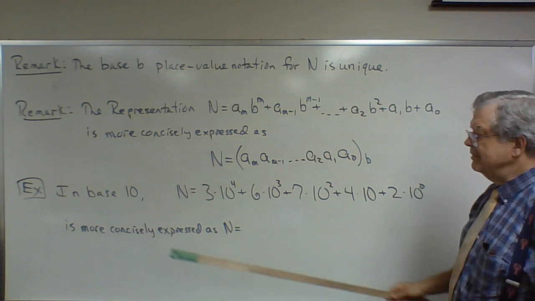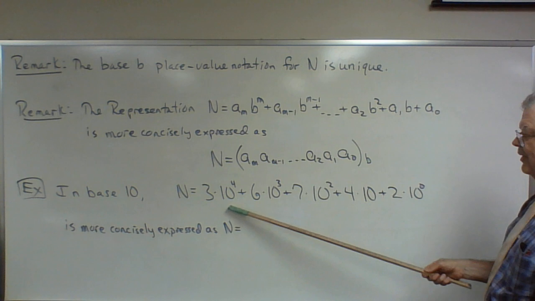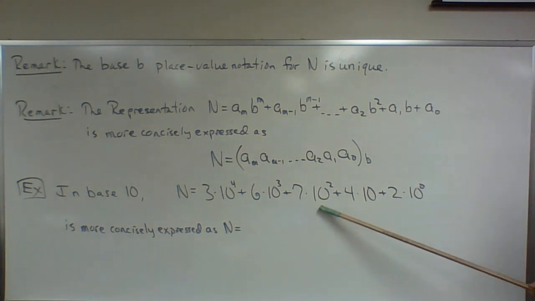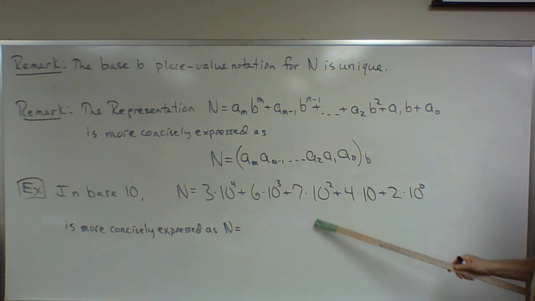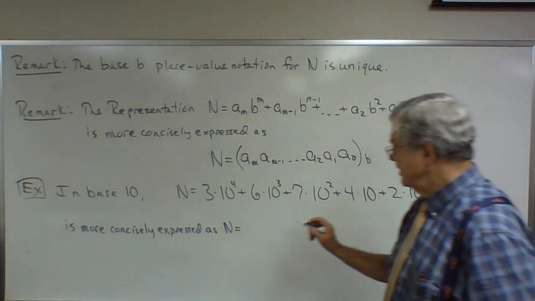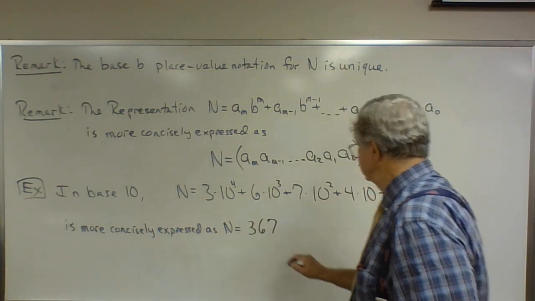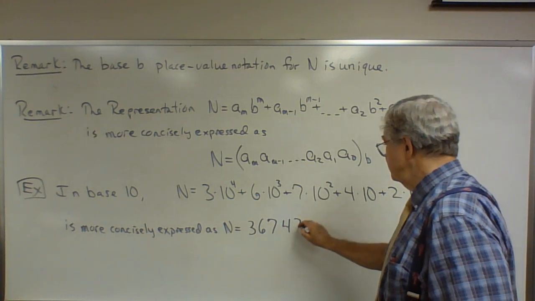Here's an example. In base 10, N equals 3 times 10 to the 4th plus 6 times 10 cubed plus 7 times 10 squared plus 4 times 10 plus 2 times 10 to the 0. This number is more concisely expressed as 3, 6, 7, 4, 2.